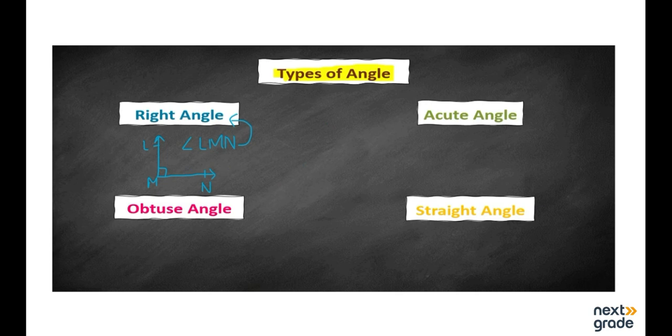So the next type of angle we have over here is acute angle. Acute angle is actually smaller than the right angle. ठीक है? क्या होता है ये? Acute angle is smaller than the right angle.